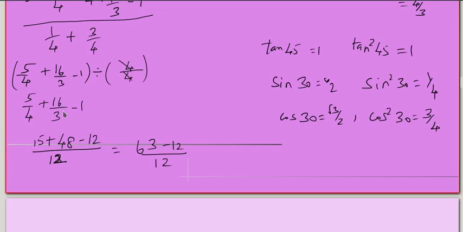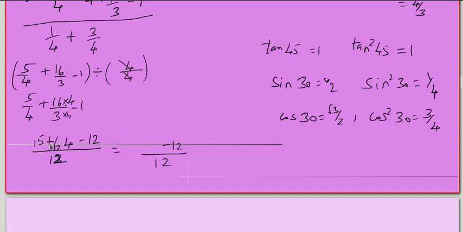Okay, sorry, here we are multiplying by 4, right? So 16 into 4, we multiplied by 4. So 16 4s are 64 we will get. Plus 64 minus 12.